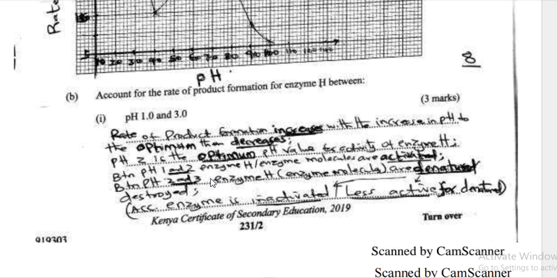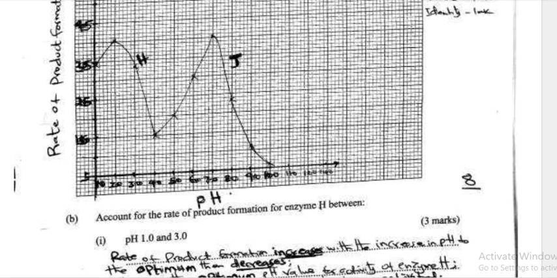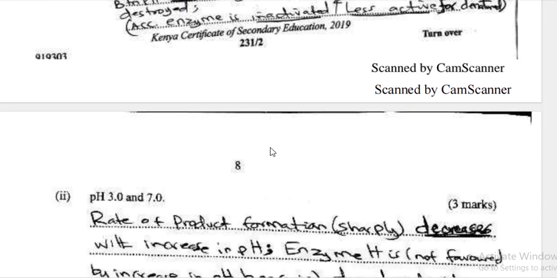Under further explanation, pH of 2 here is the optimum pH value for the activity of enzyme H. And between pH 1 and 2, enzyme H molecules are activated, and between pH of 2 and 3, enzyme H molecules are denatured or destroyed. Hence, rate of product formation reduces.